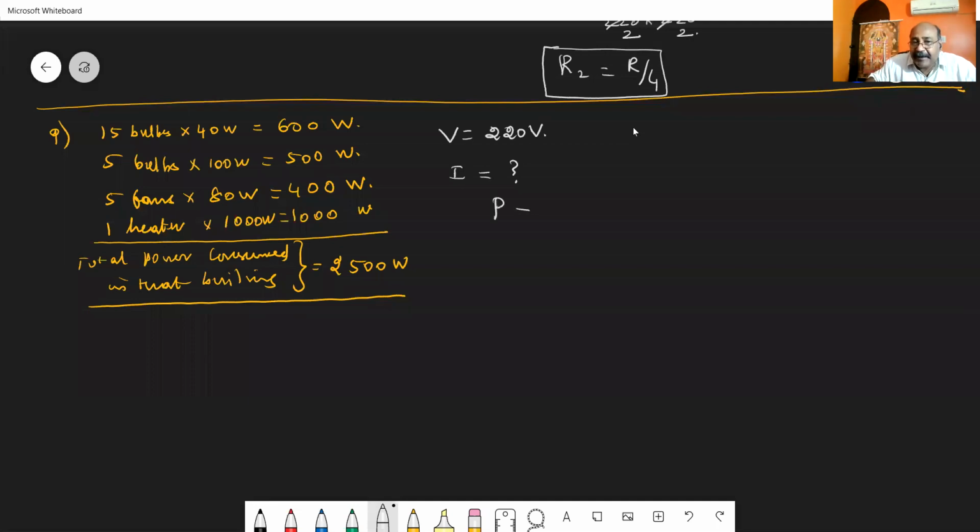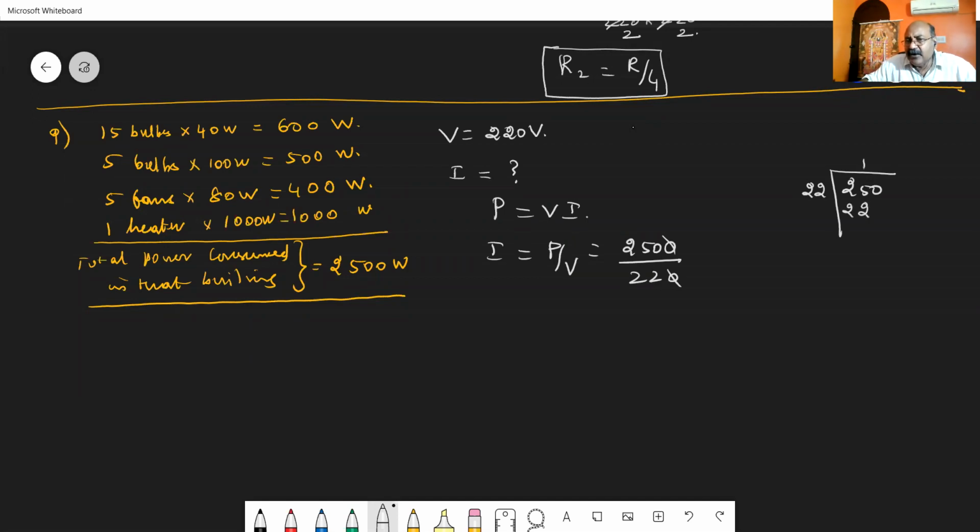So we know that power P is equal to V into I. So current I is equal to P divided by V. P is 2500 watt divided by the voltage, 220 volt. If I divide 250 by 22, 1 time 22, then 3, 30, again 1 time 22, 8, 80, 3 times 66, and like this it goes on.